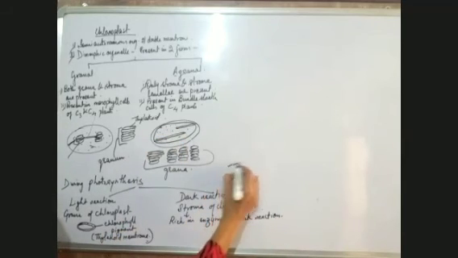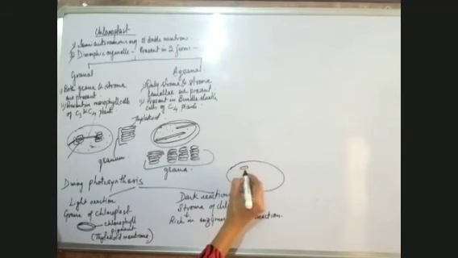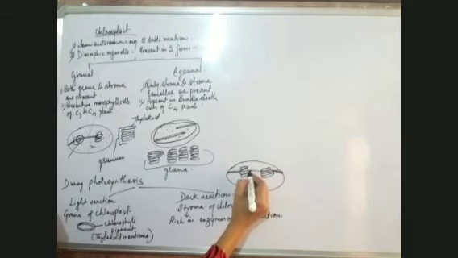That means if this is a chloroplast which has these grana with stroma lamellae, this is stroma.